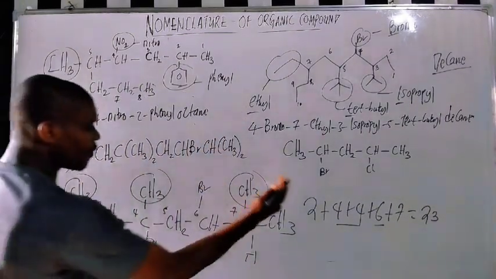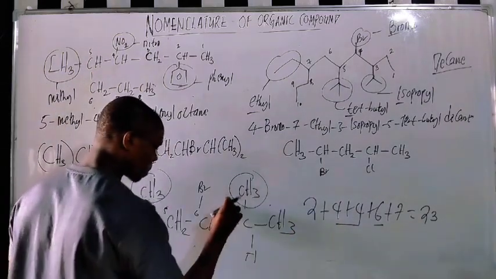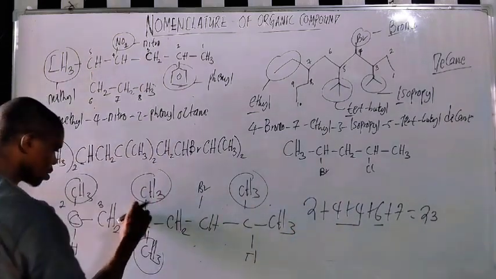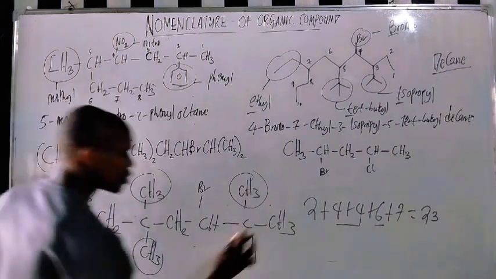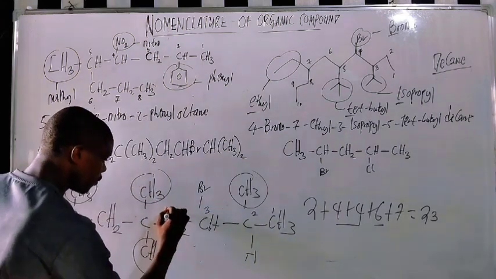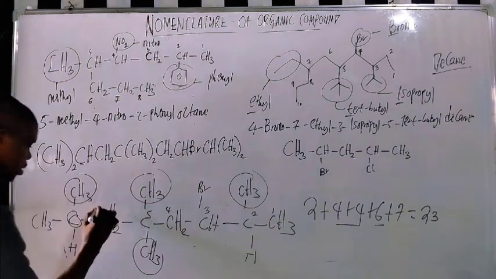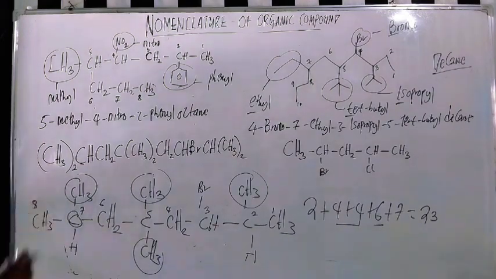But now let's start our numbering from here first. Let's see what we're going to get. So you have 1, 2, 3, 4, 5, 6, 7, and 8. So what does it mean?